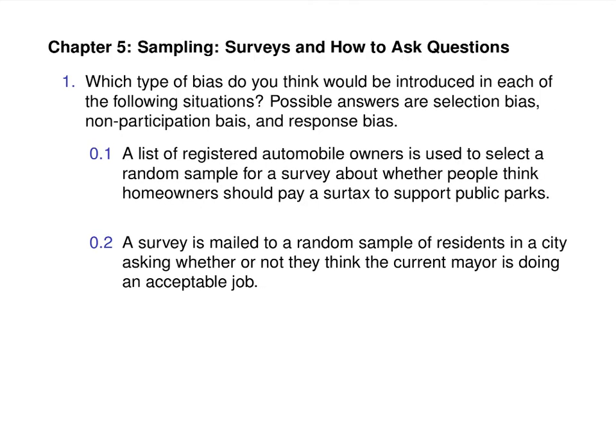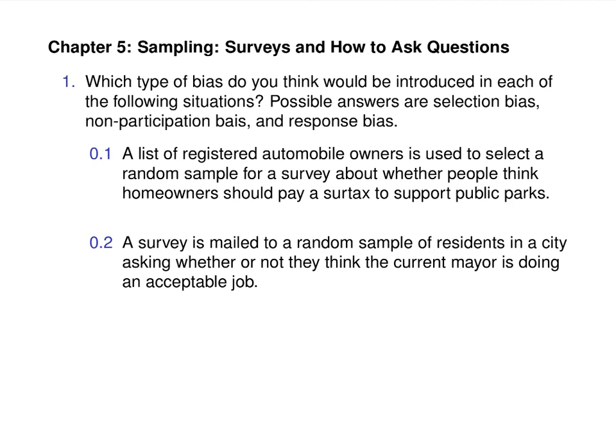All right, the final unit, or the final set of chapters here are Chapter 5, which talks about sampling and surveys, and Chapter 6, which talks about various types of studies. So one important idea in this stuff is the idea about bias and knowing what different types of bias are.